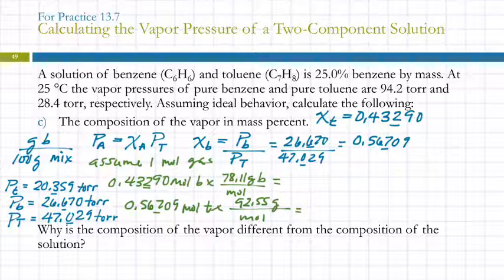Okay, 0.4329 times 78.11 is 33.813 grams of benzene. 0.56709 times 92.55 is 52.021 grams of toluene.